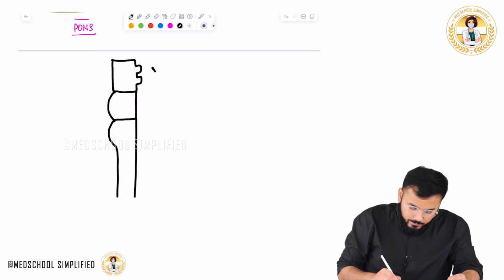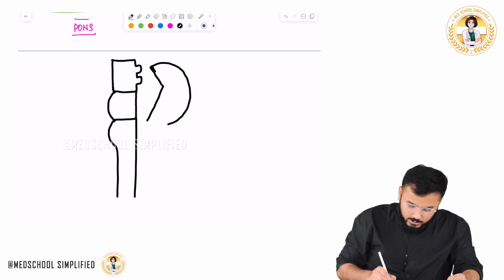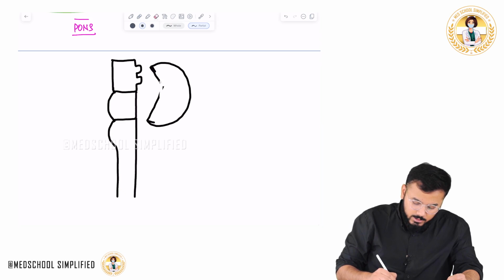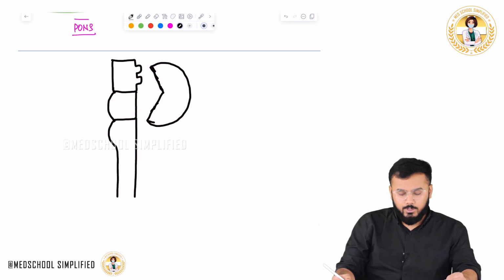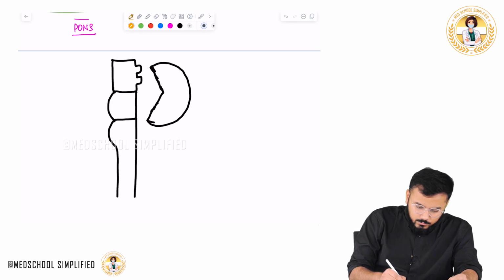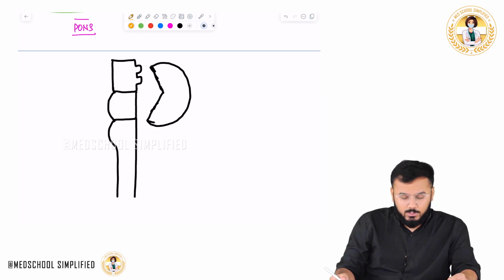And exactly here, you have got this particular structure. What is this? This structure over here is called your cerebellum. Now a few important things you need to know.